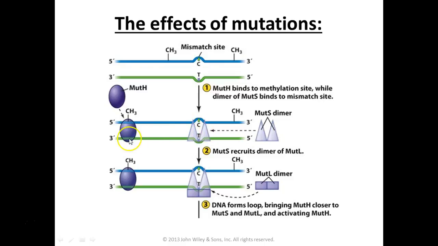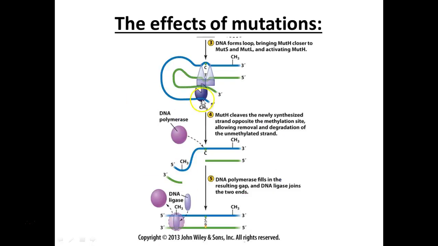They check the code on this side to see if it matches with this side, and at this point it doesn't. It gets here and goes, uh-oh, we have a problem. This isn't matching up. So these proteins bind, and they will literally cut out that section. They bend over the DNA, clip it, and cut it out.